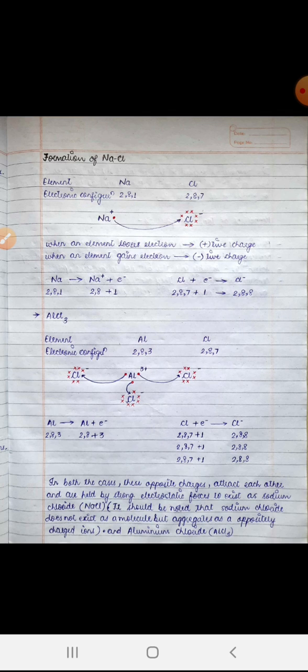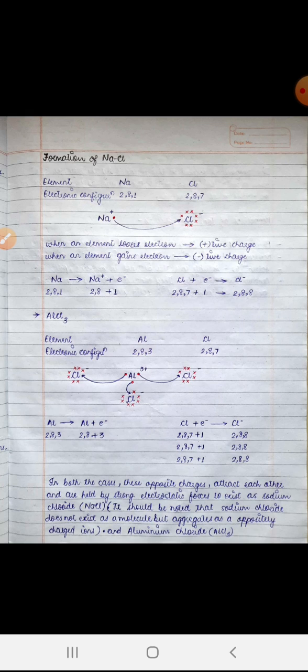It should be noted that sodium chloride does not exist as a molecule, nor does aluminium chloride, but they aggregate as oppositely charged ions. Both these, sodium chloride and aluminium chloride, are getting aggregated. These are not forming a molecule.